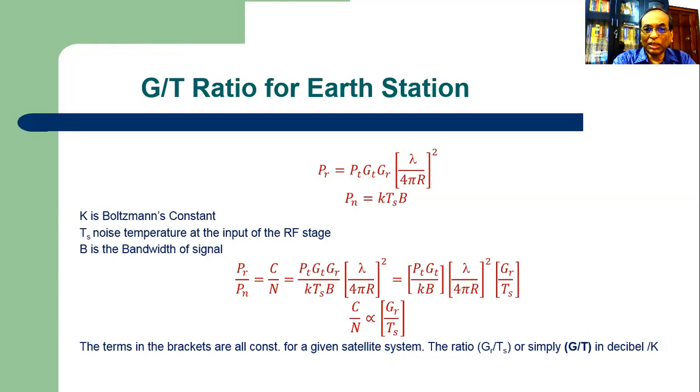So GR by TS is very much important. The terms in the bracket are all constant. That's why we isolated them. So that is taken as the proportionality constant for a given satellite system. The ratio GR by TS, or simply G by T, in decibel per degree Kelvin, is called the G by T ratio.